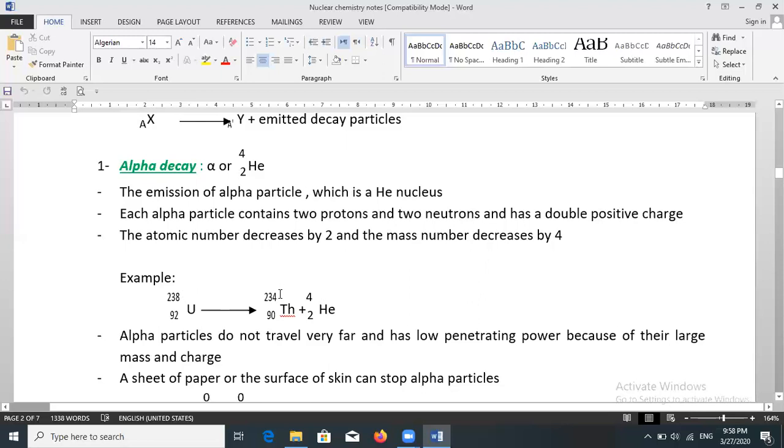All that I'm going to do is search for the element that has 90 as an atomic number in the periodic table. I will find that its name is thorium.